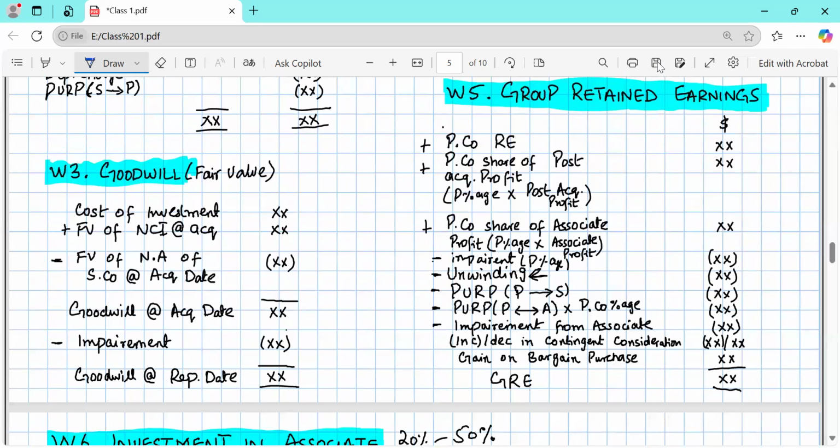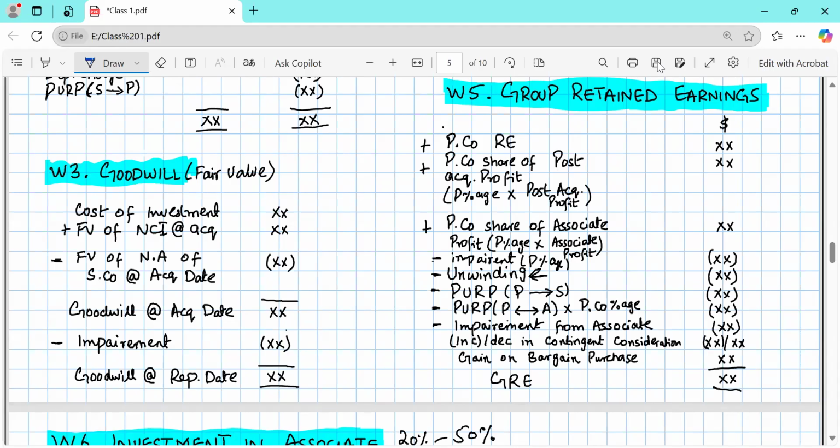Okay. Now, what is goodwill? How do we calculate the goodwill? Let's understand that. You know what goodwill is, right? It's the market reputation, the worth of the company, respect, market reputation. How do we calculate that using the fair value method? The first thing is you will write down the cost of investment. Cost of investment basically means how much you paid to get the holding of the company.